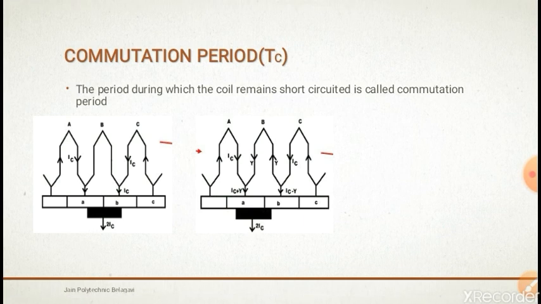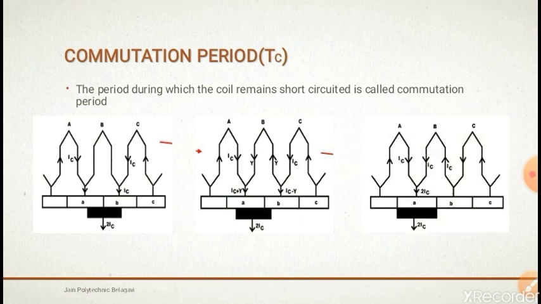Again the position of the brush will change, and it has come to coil A or commutator segment A. Coil B is shown immediately after short circuit, which is also known as the period of commutation. The current in this short circuited coil should be reversed to the full value.